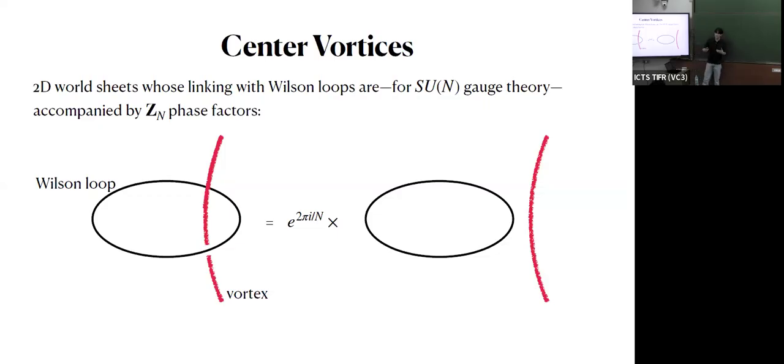Now, the basic idea of this confinement mechanism is that these vortices are very strongly proliferating, and they can wrap the Wilson loop, they can unwrap it, and you get all sorts of phase factors due to this proliferation. And this causes a highly destructive interference when you're computing the Wilson loop average, which gives rise to an area law.